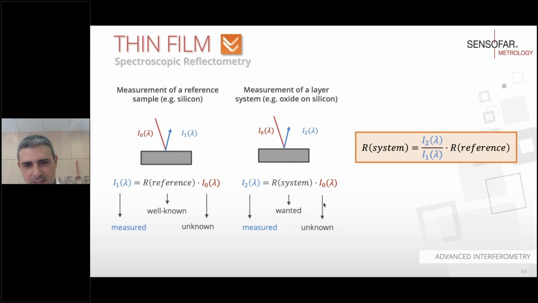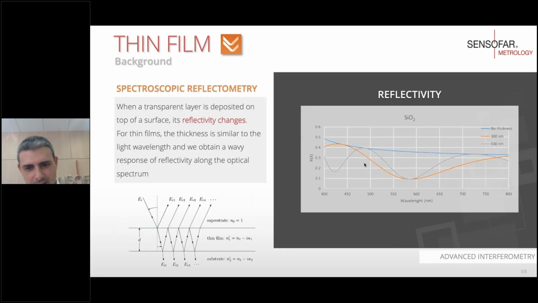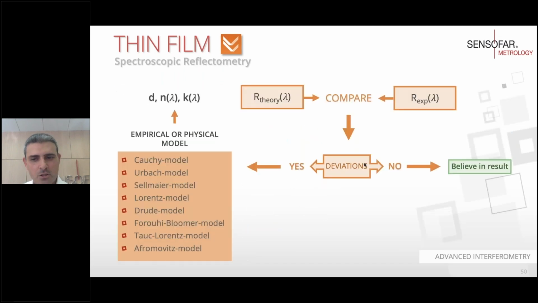By doing this, I have the reflectivity of the sample we are measuring. And that reflectivity will be something like this, the orange curve or the gray curve, we still don't know exactly which one it is.